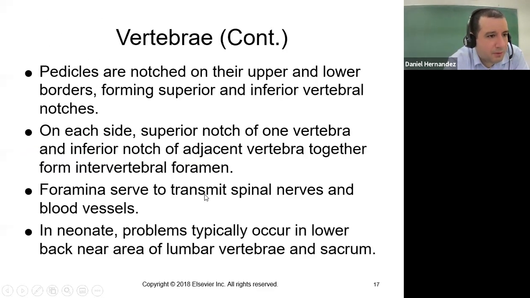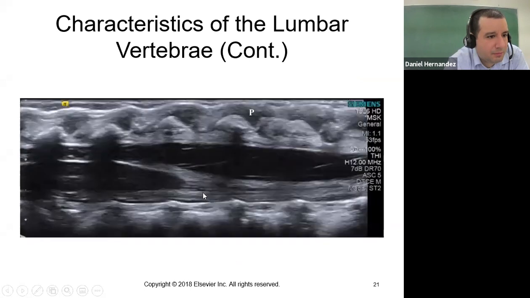You can see a little bit better now. The filum terminale is a thin, tubular structure coming off the conus medullaris. It appears as two echogenic linear lines.